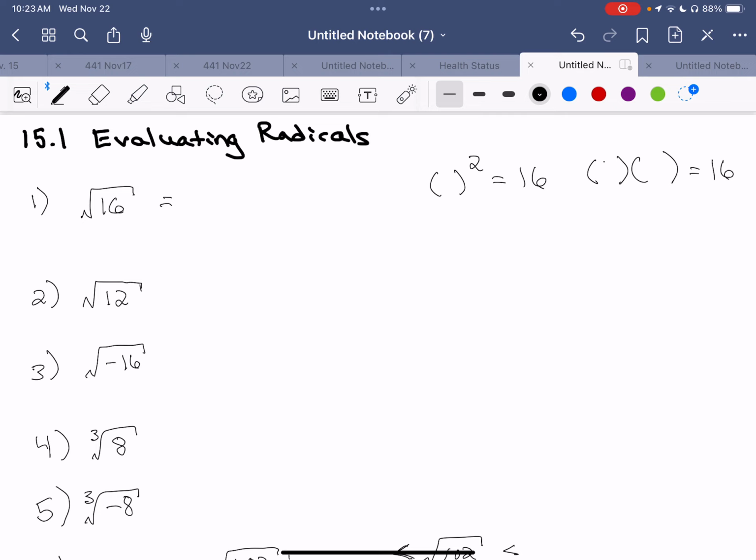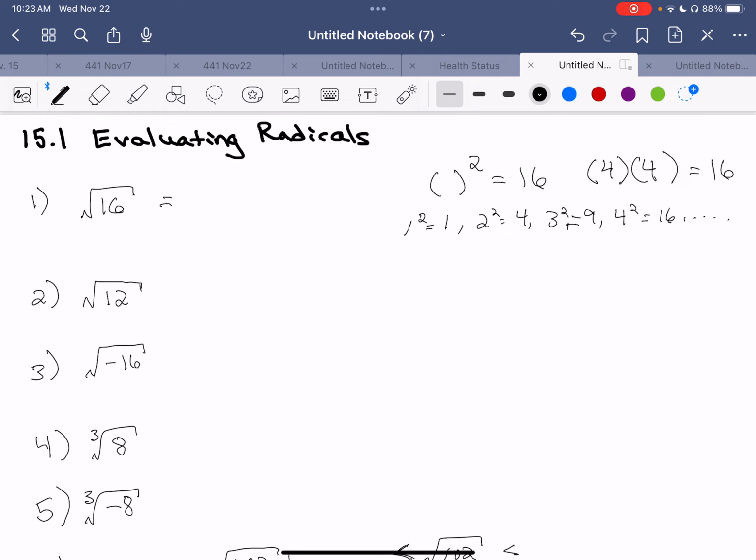You might write out a list if you're not familiar with it, and recite these to yourself whenever you have a chance. Think about 1 squared is 1, 2 squared is 4, 3 squared is 9, 4 squared is 16, and so forth.